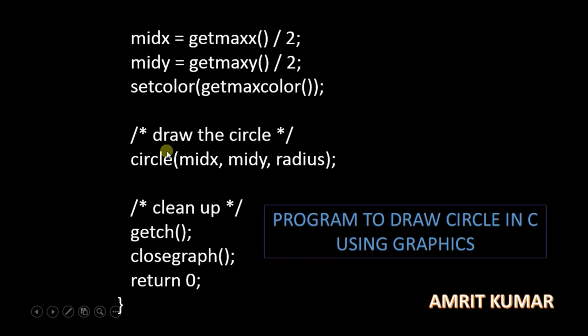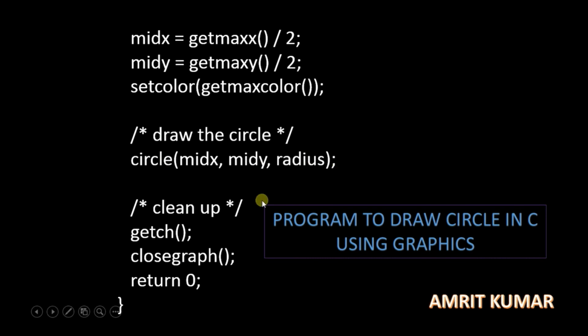After that, I draw the circle with the help of the circle function, as I told you about it in the previous lecture on the graphics header file. You need to specify midx, midy, and radius here.